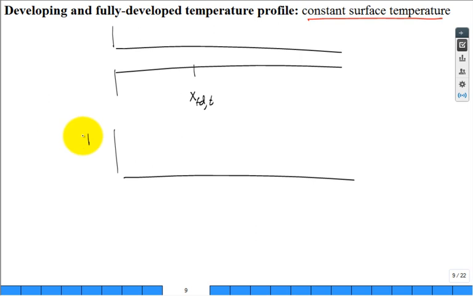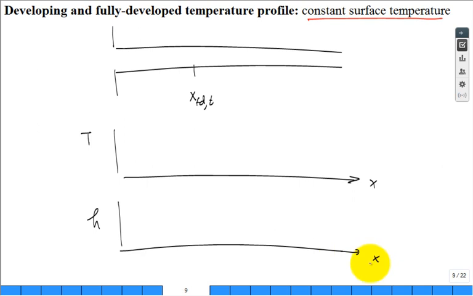I'm interested in the temperature as a function of location down, as well as H, the convection coefficient, as a function down. This whole thing has the same temperature. So it's probably better to plot the surface temperature first, the easiest one to plot. That would be a flat line, no matter if it's fully developed or not.